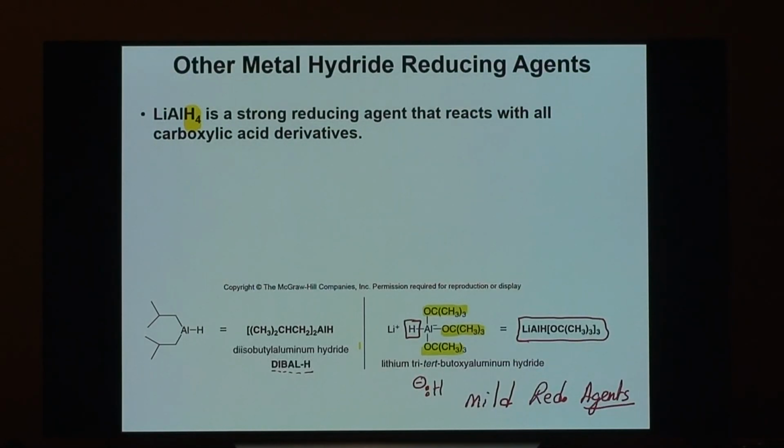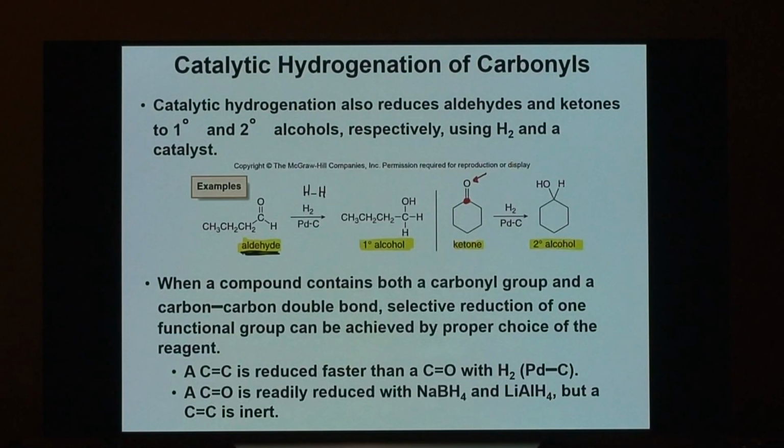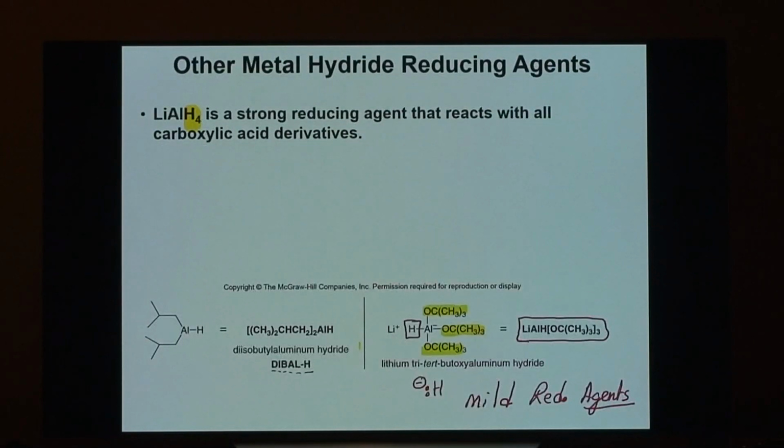Al stands for the aluminum, and H stands for the hydride. This is an isobutyl, and this is another isobutyl group. So I replaced 2 of the hydrogens with an isobutyl, and I'm left with only one hydride. Just one hydride. I don't need more than that.